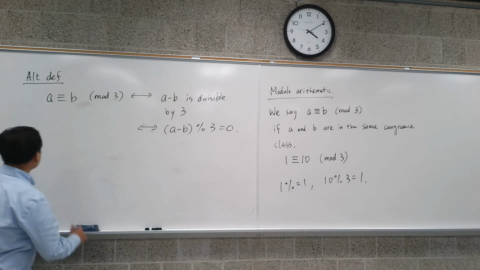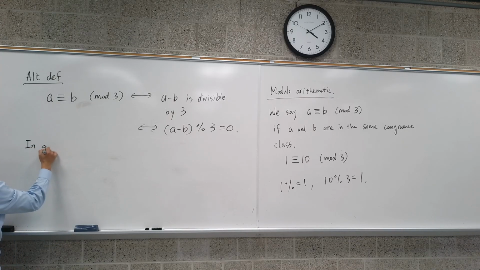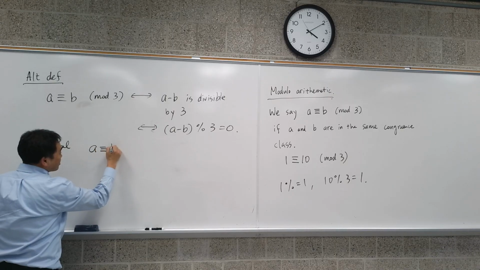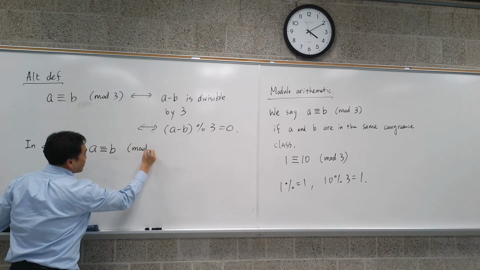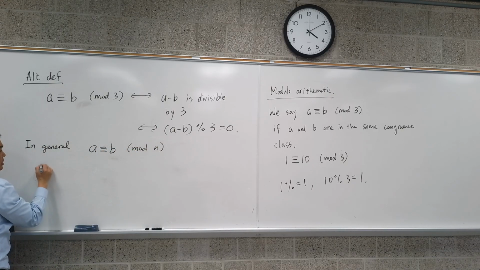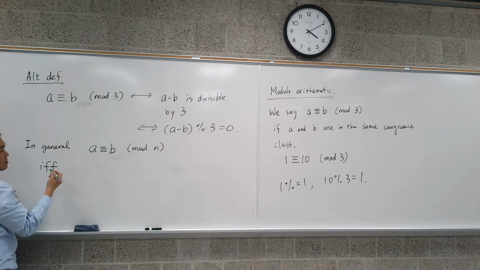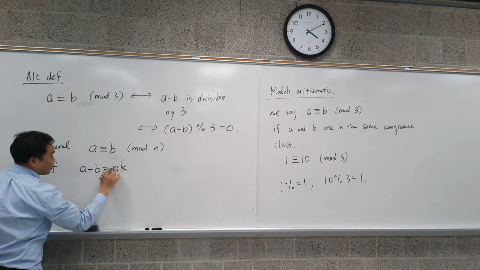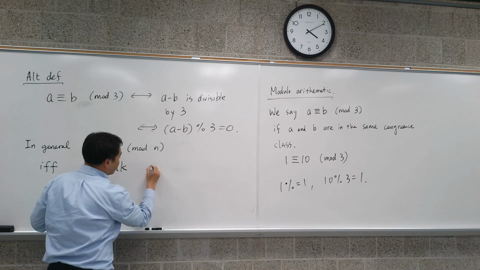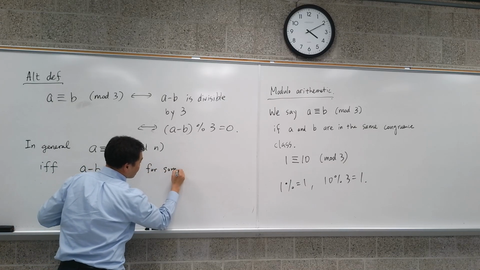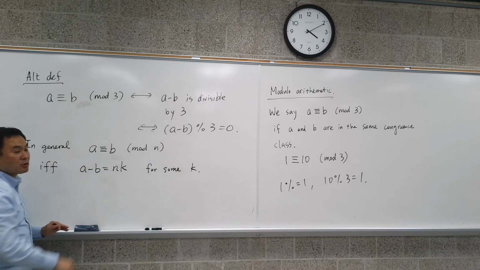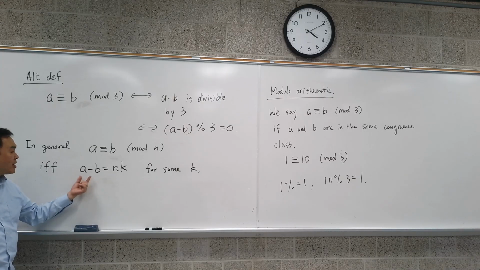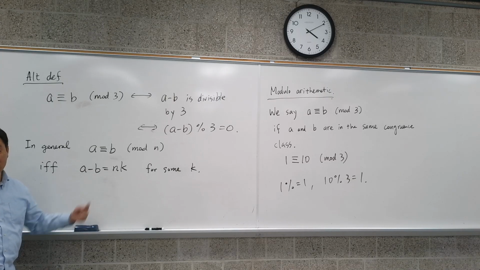So in general, A is congruent to B mod n if and only if, so this is the definition, A minus B is some multiple of n. So for some k, there's some value of k where if you multiply it by n it's equal to A minus B. That's just another way of saying that A minus B is divisible by n.